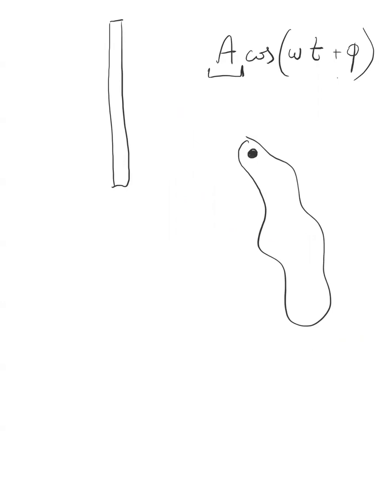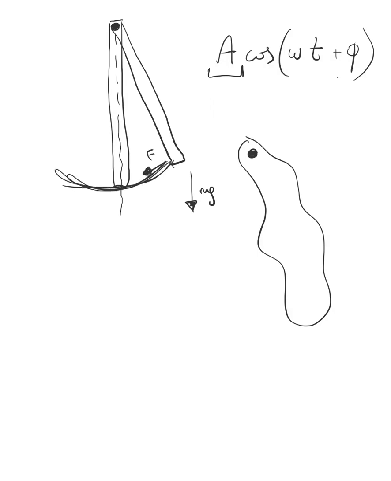But the important thing is that there is this pivot point, and there is gravity. And because there is gravity, if you are in equilibrium, then any motion away from the equilibrium will generate a restorative force, and this restorative force will make you oscillate back and forth.